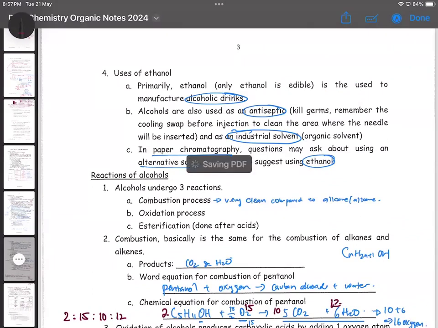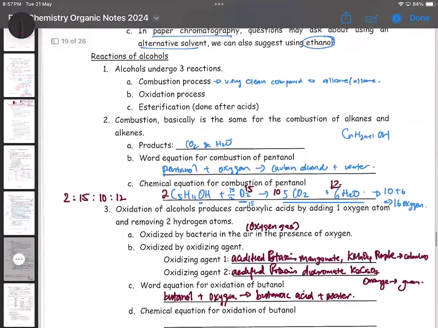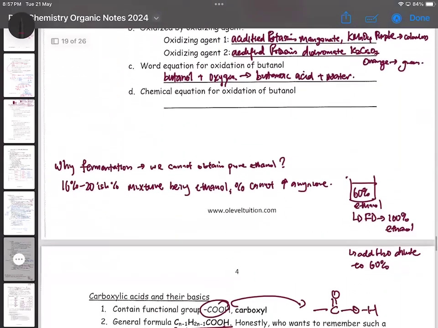Antiseptic. Alcohols are being used as antiseptics. And because it's an antiseptic, it kills germs. What are germs? Enzymes. So you cannot get beyond this because at about 16 to 20-ish%, the alcohol concentration is too high.